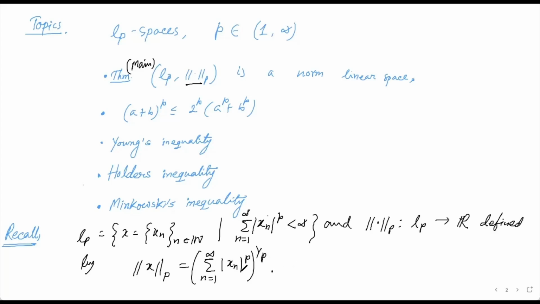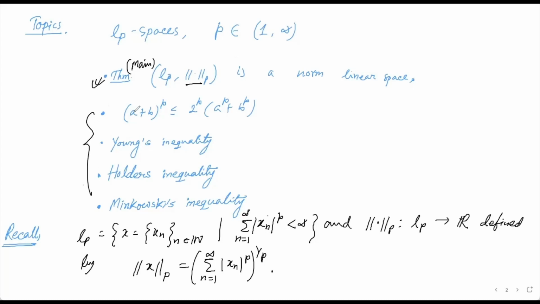So basically we prove that this is a normed linear space for every real number p strictly greater than 1. To prove this main theorem, we have to prove a few inequalities.